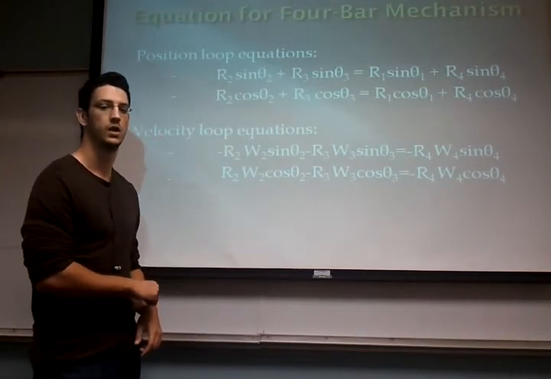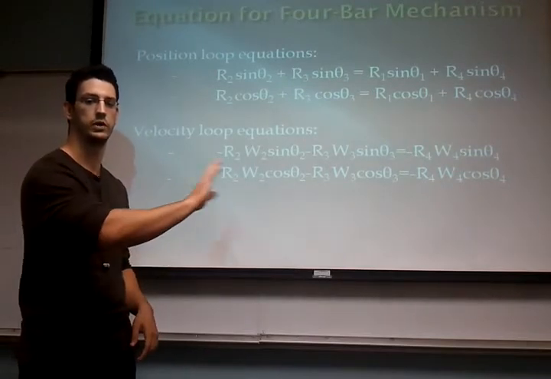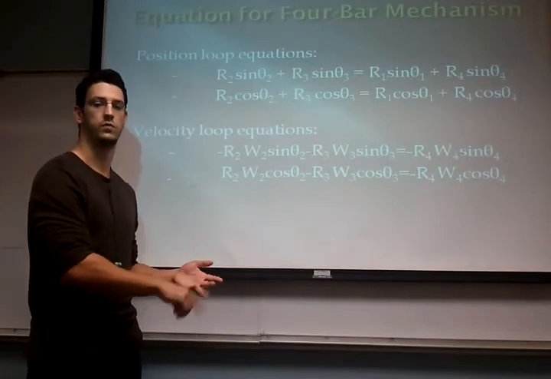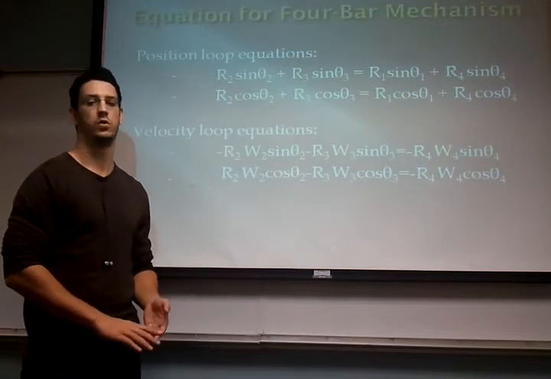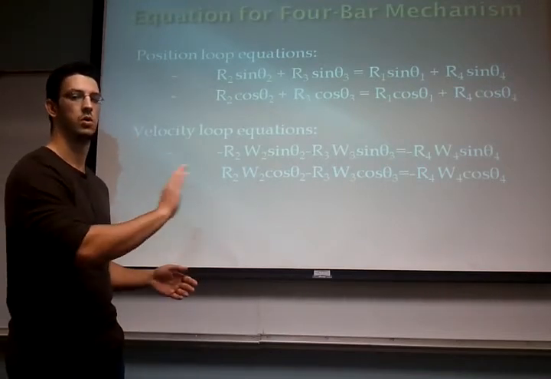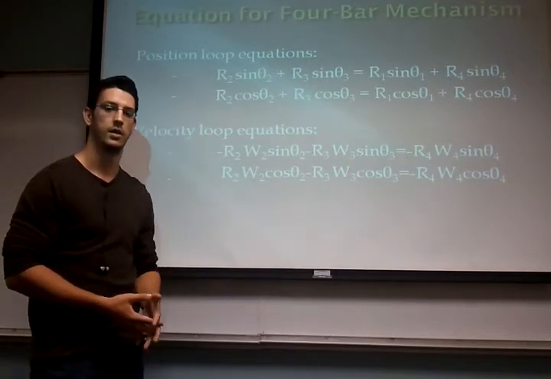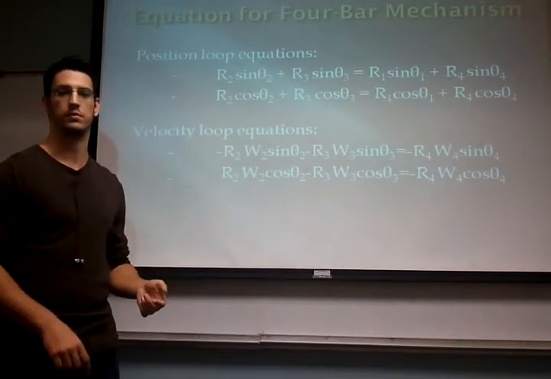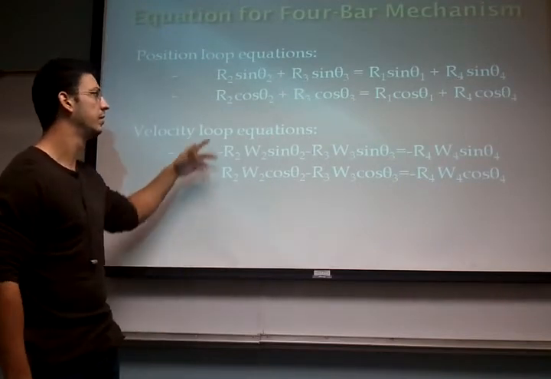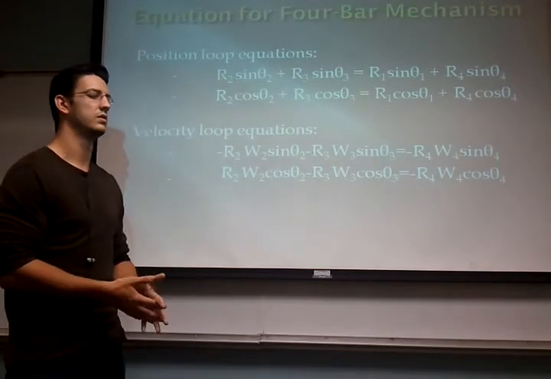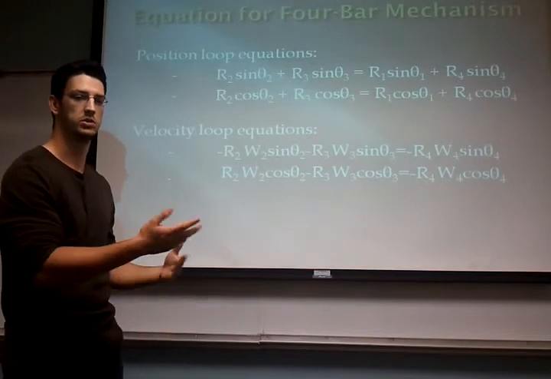We're left with theta 2 as a function of R3, R1, R4, and the rest of the known variables. Then, when we evaluate theta 4, we use all the known variables to go back to one of these equations and find theta 3. If you want to know the velocity or the acceleration, you could differentiate these 2 equations with respect to time, depending on the variable.